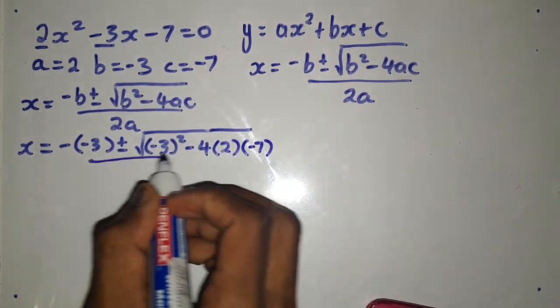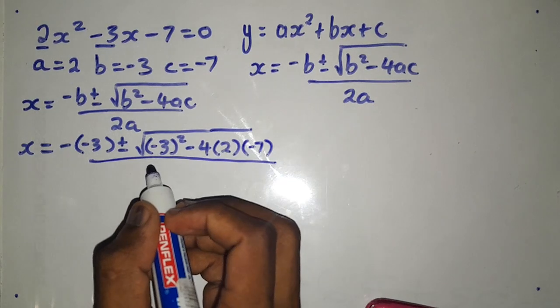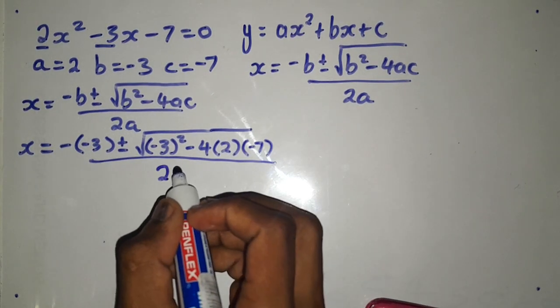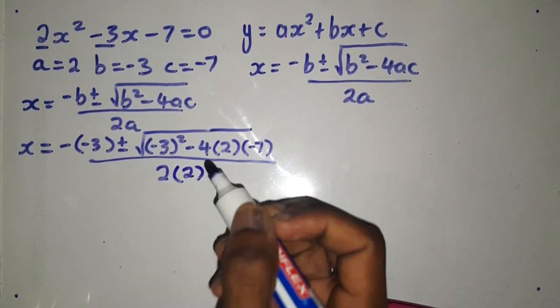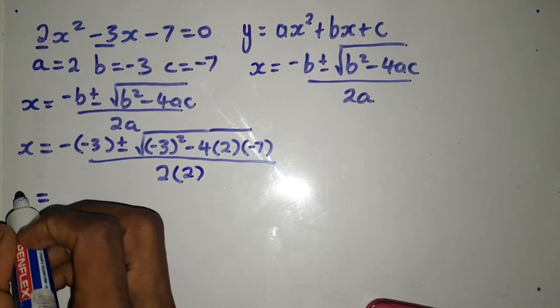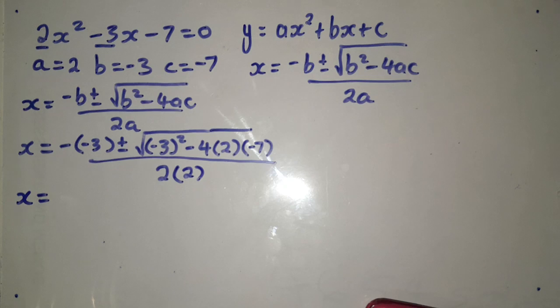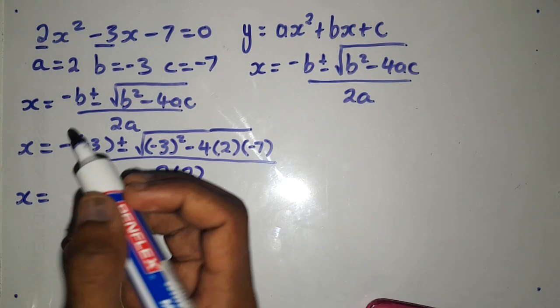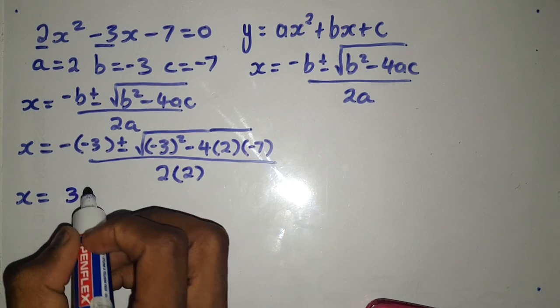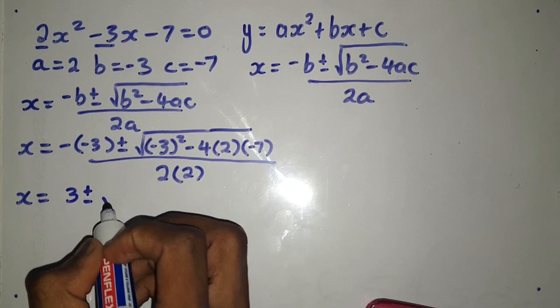We close. Then we divide everything by 2a, which is 2, the value of a. At this point, we can multiply this negative with this. We get positive 3 plus or minus.